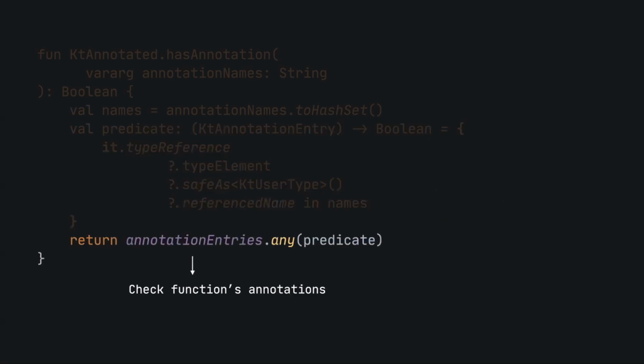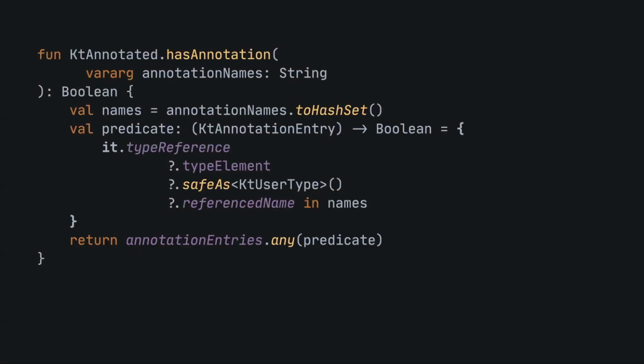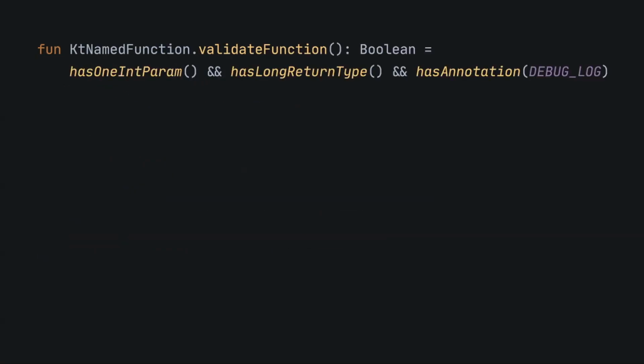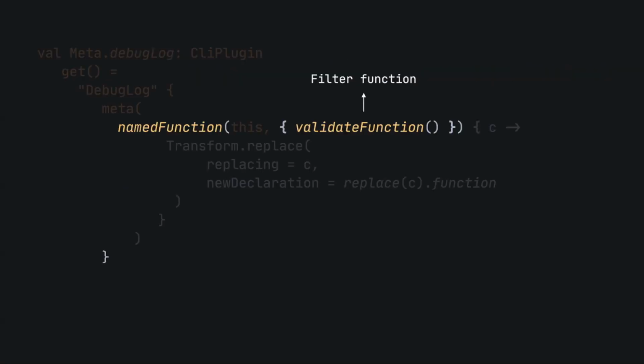I run this predicate on that set and determine whether I have any annotations, whether it has the debug log annotation, and this will return a Boolean. So this is a very general way to determine whether a function has a particular annotation. This is my logic to search for the function that I want, KtNamedFunction.